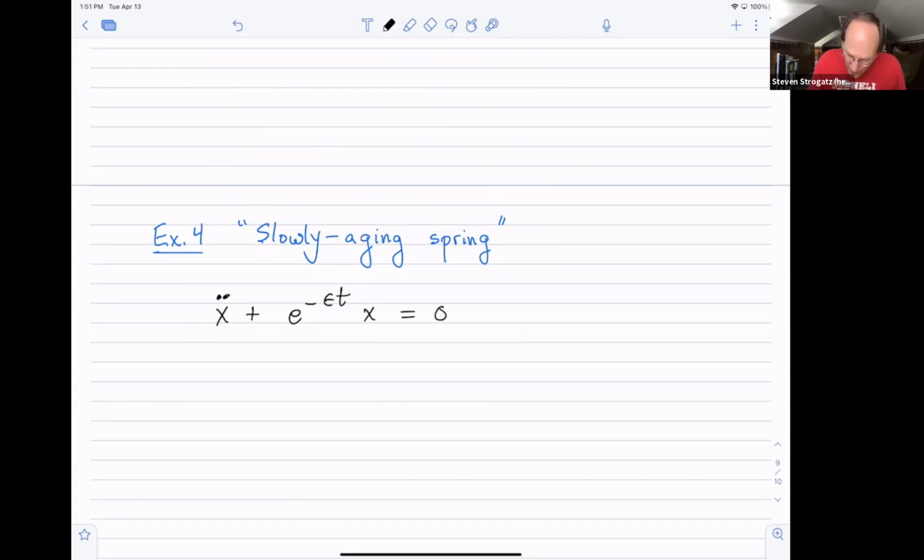That's my governing equation, where epsilon is very small. So that's like F equals ma with a linear spring, except that its spring constant is not really a constant.